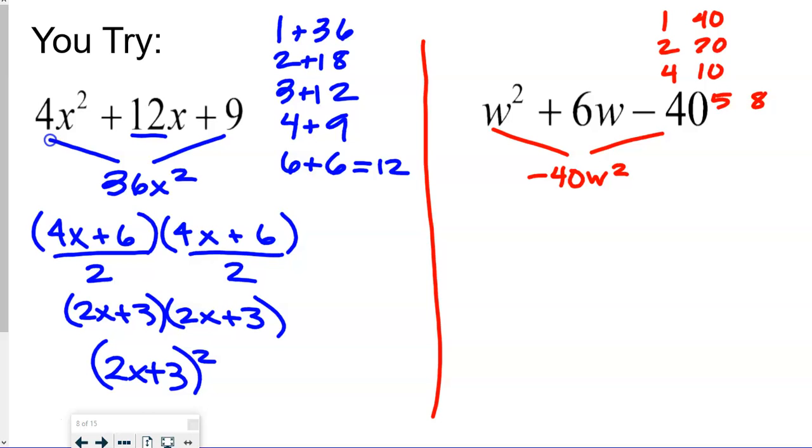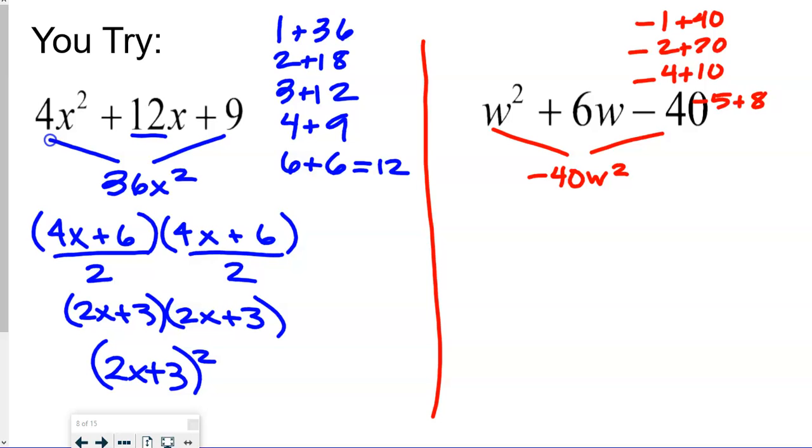Okay, so this time our middle term, we know that one of these has to be negative because it's negative 40. Our middle term is positive, so we know our bigger number is going to be positive. So I'm going to put a minus and a plus, minus and plus, minus and plus, minus and plus.